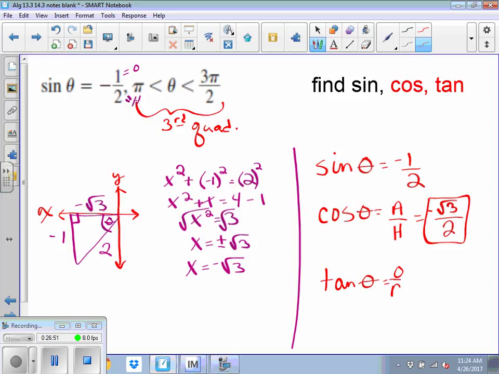And opposite is -1, and adjacent is negative square root of 3. What happens? The negatives do what? They cancel each other, correct? So those are gone. And so we have to fix this. We have to multiply the top and bottom by, good. So that's equal to the square root of 3 over 3.